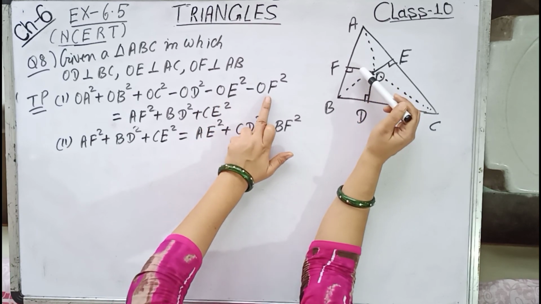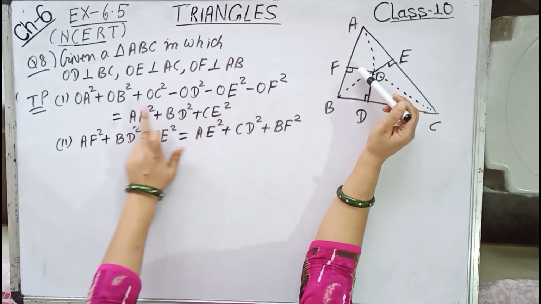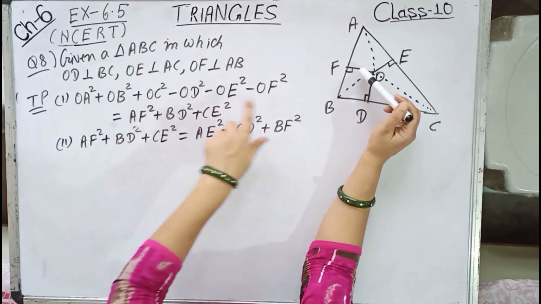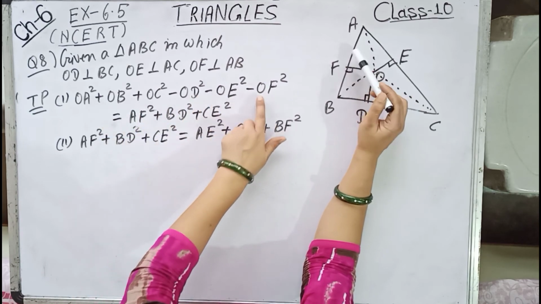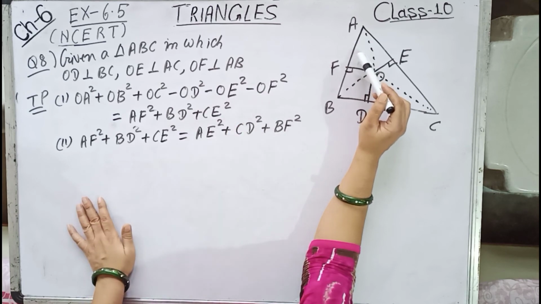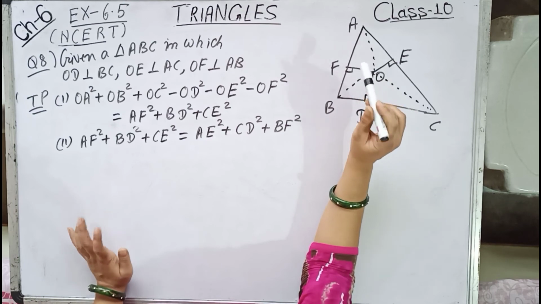See over here, OF and AF are forming a part of this right angle triangle. So if we use this right angle triangle for OA, we will be getting the answer easily.